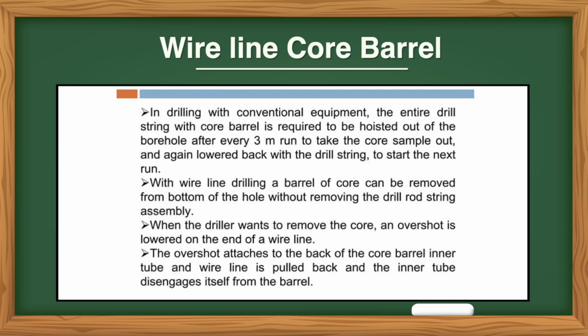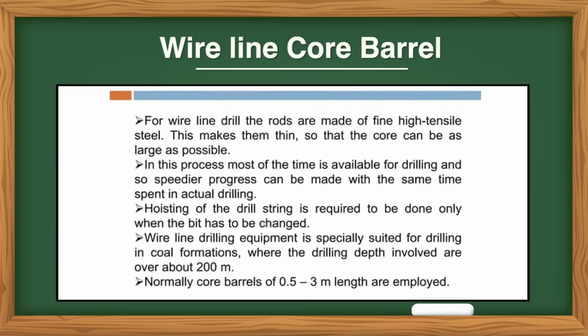The overshot attaches to the back of the core barrel inner tube, and the wireline is pulled back and the inner tube disengages itself from the barrel. For wireline drilling, the rods are made of fine high tensile steel. This makes them thin so that the core can be as large as possible.